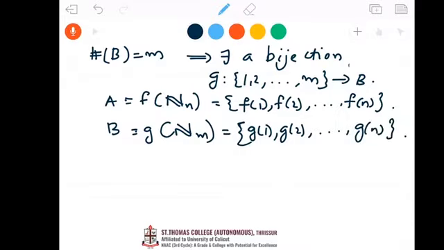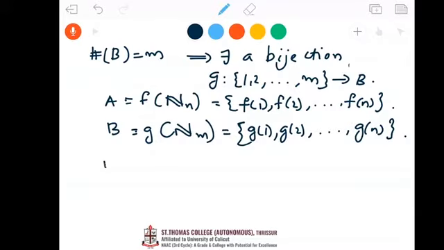Okay. Now, what is A union B? We have to prove that A union B contains n plus m elements. So we have to define a bijection from the set 1, 2, 3, etc. n plus m to A union B. So let's draw a figure.